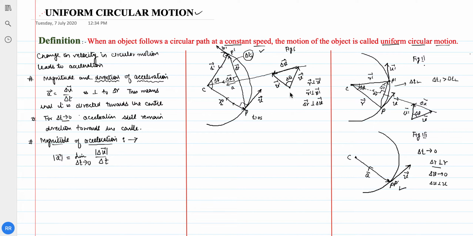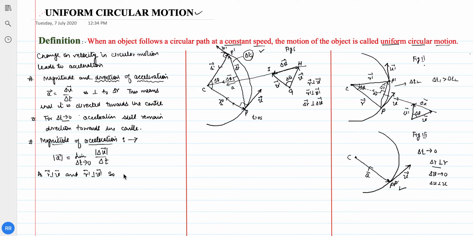In this figure, I will mark this point as G, this part as H, and this part as I. As R is perpendicular to V and R prime is perpendicular to V prime, the R vector is perpendicular to the velocity vector and the R prime vector is perpendicular to the V prime vector.